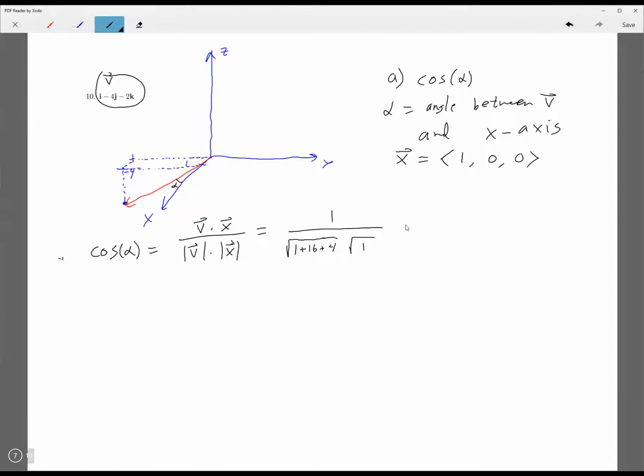This is a unit vector. So that's 1 over the square root of 21. So that means that alpha is the cosine inverse of 1 over the square root of 21. Okay, and so we'll get that on the calculator. So that's 77.4. So it's supposed to round that to 77 degrees.